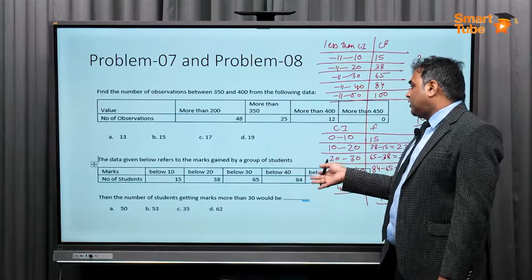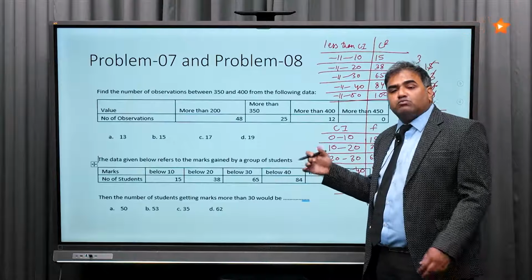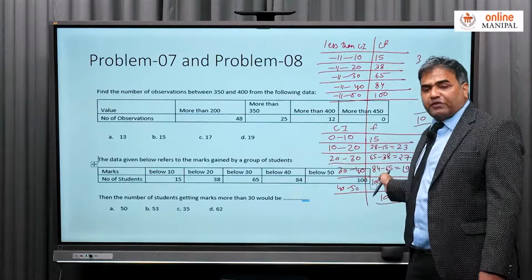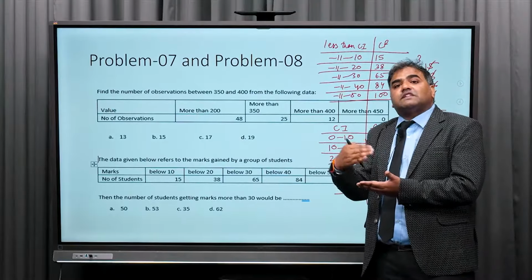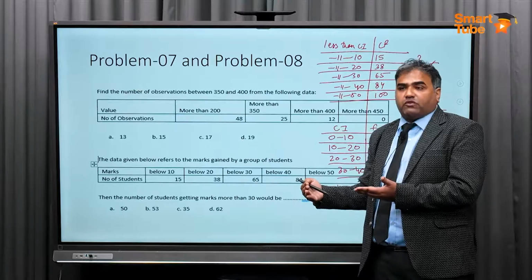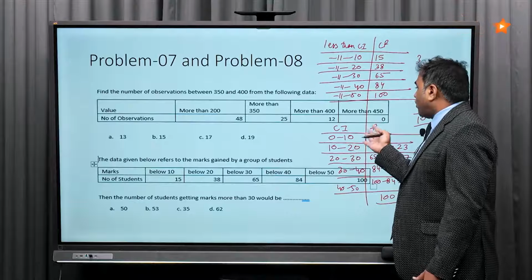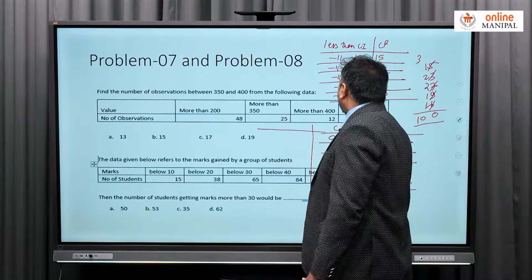What they ask is the number of students who get marks more than 30. Now you have the normal class interval with normal frequency. They are asking about more than class interval with more than cumulative frequency. So if you convert this into more than class interval with more than cumulative frequency, with more than you write the lower value.